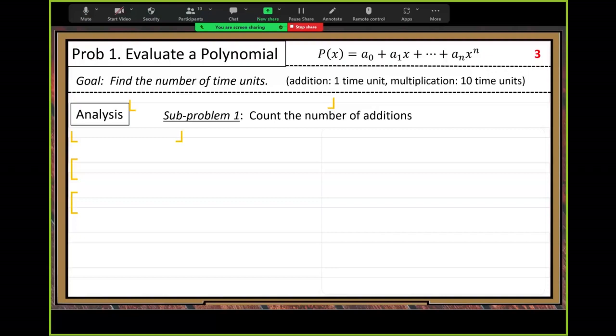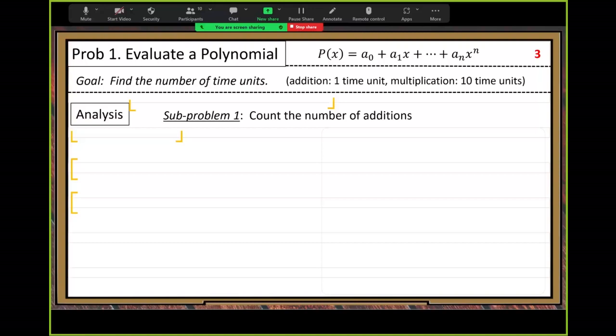First, let's look at the first subproblem. We split the original problem into two subproblems. The first one, we count the number of additions. Second subproblem, we count the number of multiplications. Then we put them together to get the overall efficiency measure number for the brute force method.